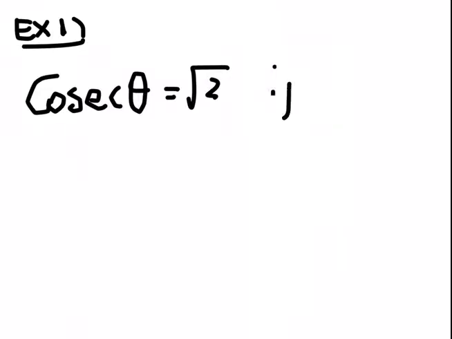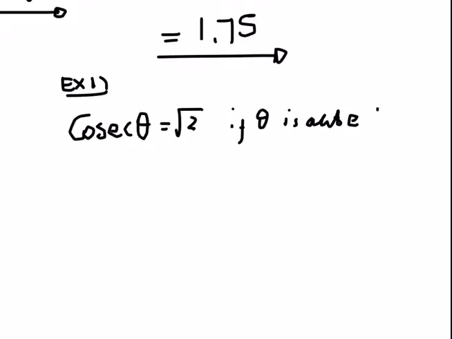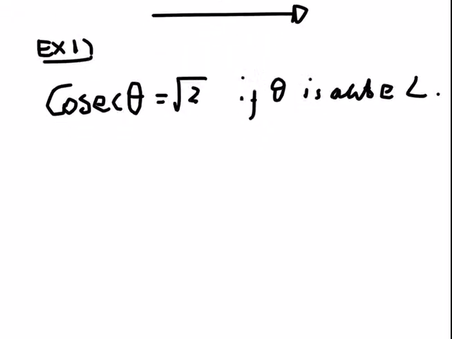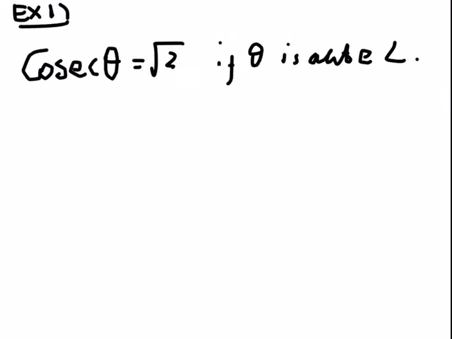And then they say that theta is an acute angle. This statement simply tells you that angle theta is between 0 and 90 degrees, because that is an acute angle. But you don't need to worry that much. As long as you can work it out correctly, you should be fine.